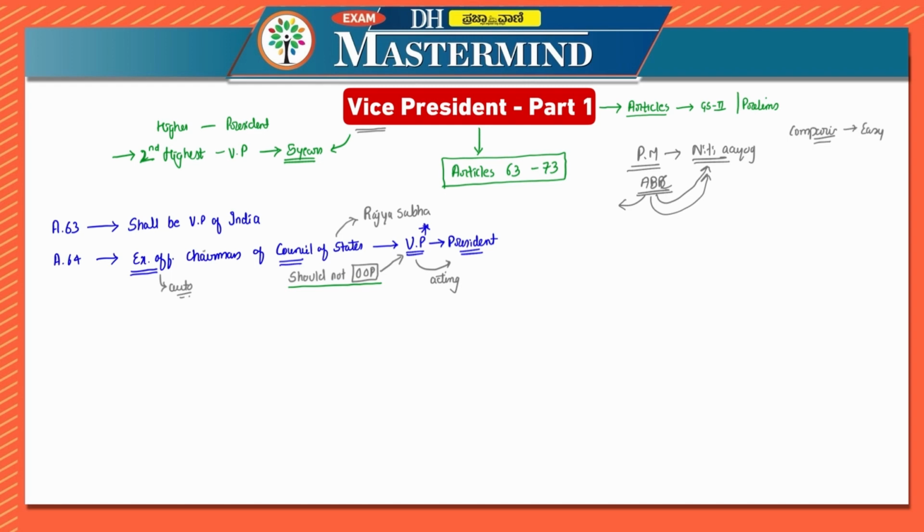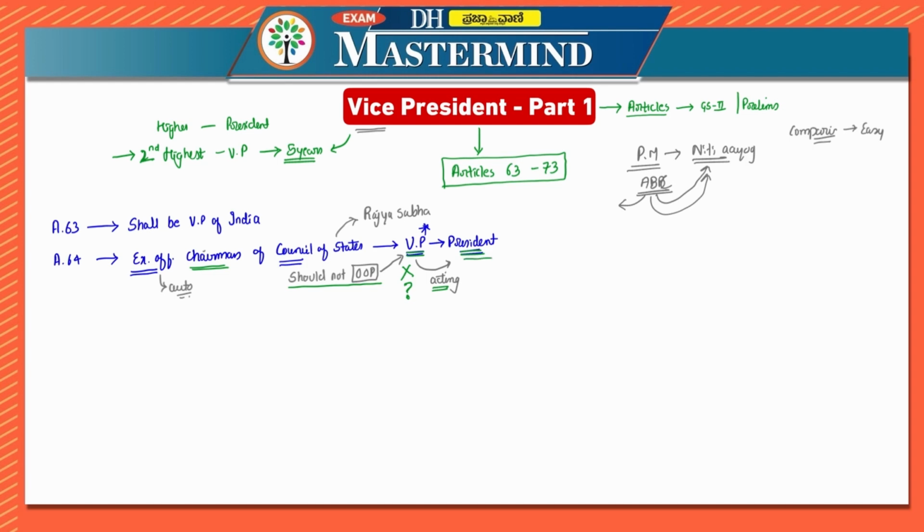Along with that, it is saying that when the vice president acts as president, any salary, allowances or benefits which the chairman of the Council of States gets, the vice president will not be getting. Why? Because they are acting as president. They will be getting whatever is meant for the president.